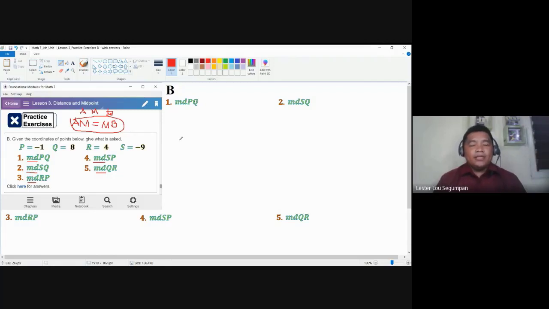But it should be considered that the points here, including the midpoint, are collinear. But let's not talk about that.